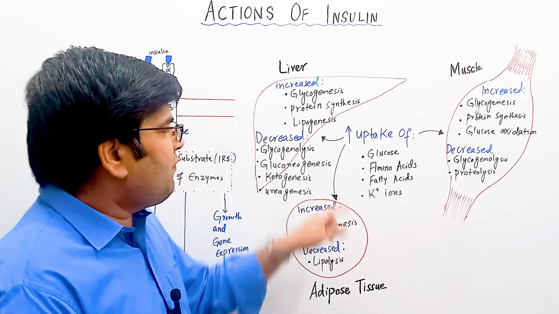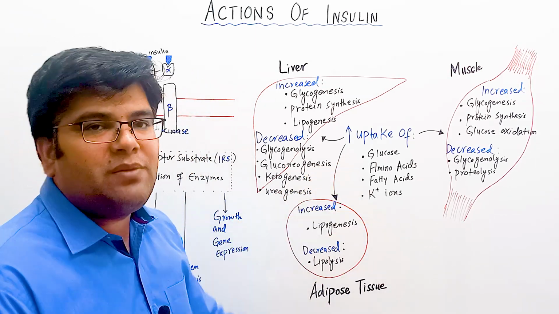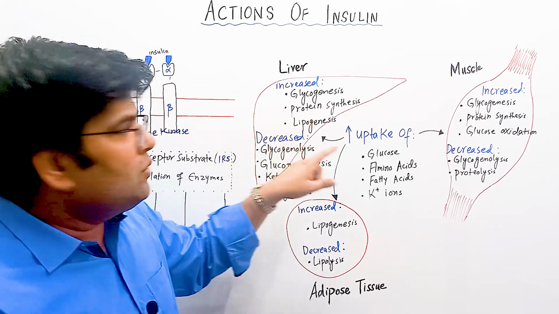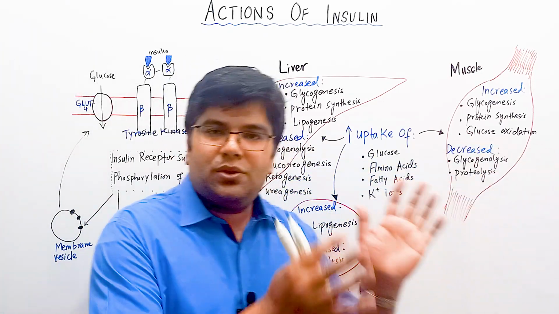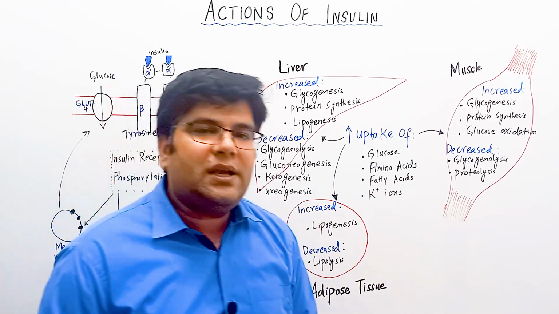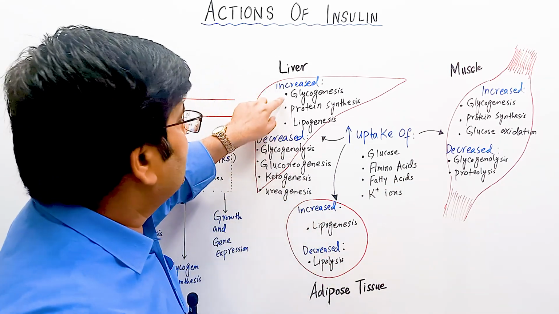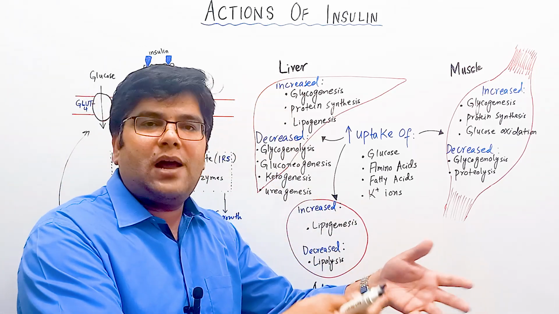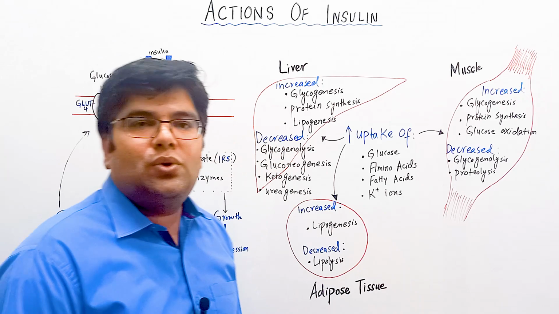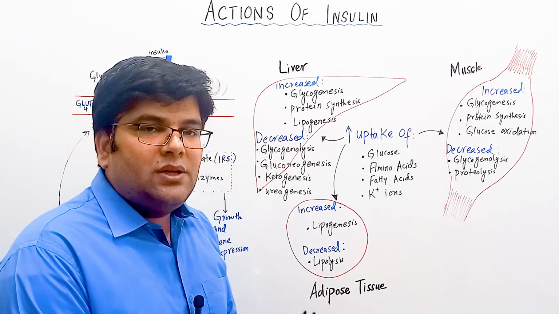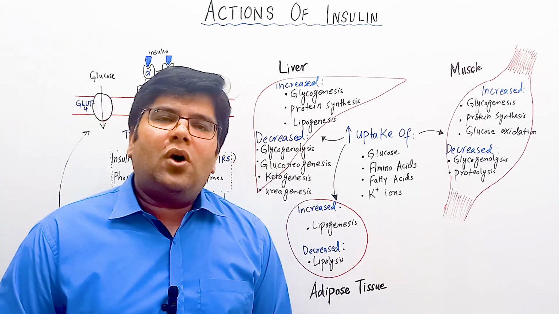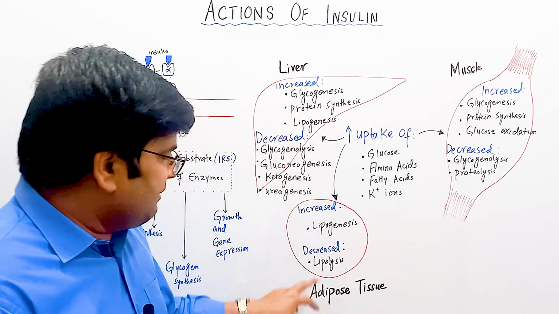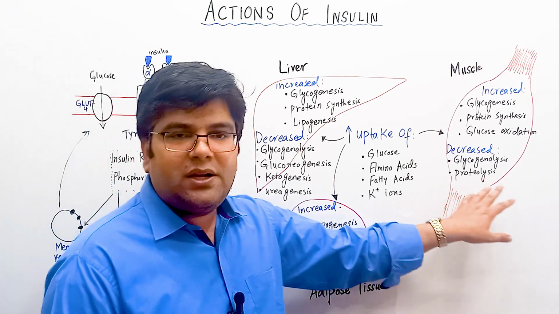It increases the entry of glucose, amino acids, fatty acids and potassium ions into the cells. Insulin promotes use of glucose for oxidation through glycolysis and Krebs cycle. It also increases the storage of glucose in the form of glycogen, or glycogenesis, and if we have taken more carbohydrate, then the extra glucose will be stored in the form of fats. So it increases lipogenesis. Insulin also increases protein synthesis, and at the same time insulin decreases lipid breakdown and protein breakdown.